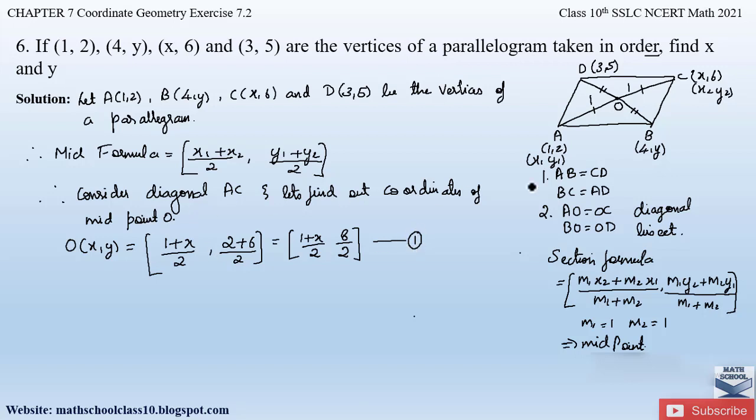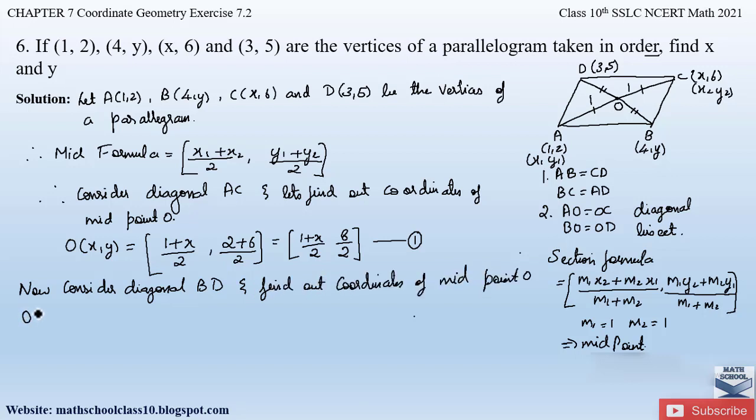Now similarly, let us consider the diagonal BD and find the coordinates of point O considering the vertices B and D. So consider diagonal BD and find the coordinates of midpoint O. The coordinates x comma y are equal to, so here let us assume point B to be x1 y1 and point D to be x2 y2.